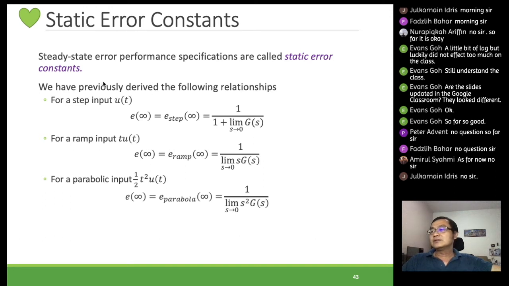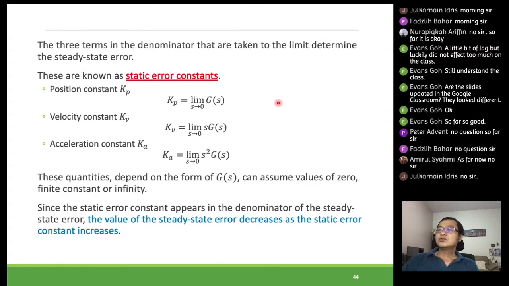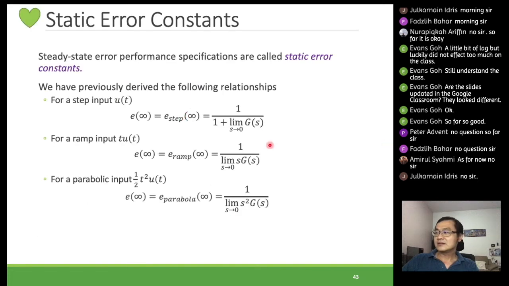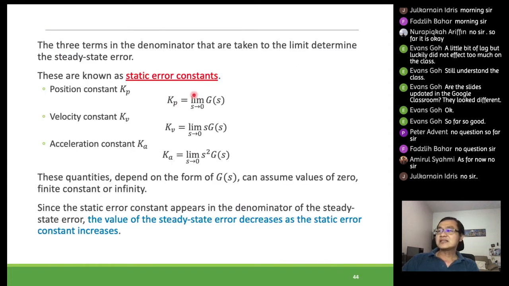That if we have, remember this is our steady state error equation, right? So what the static error constant is, is that we are giving this part, the relevant denominators, as a constant.